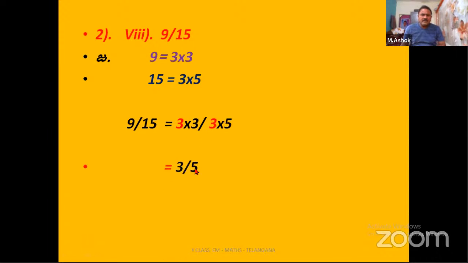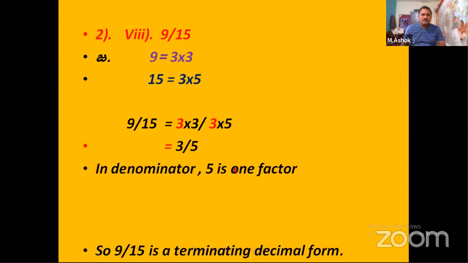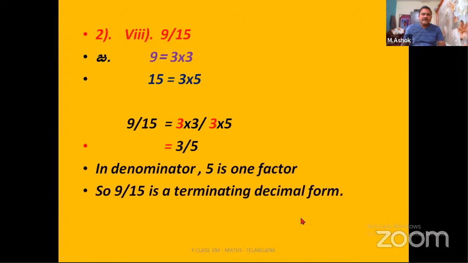Then you will get 3 by 5. 3 by 5 means the denominator contains only 5, so it is a terminating decimal. Without doing cancellation, 3 into 5 appears, so don't write it as non-terminating. But after cancellation we have only 3 by 5. In the denominator 5 is the only factor, so it is a terminating decimal.